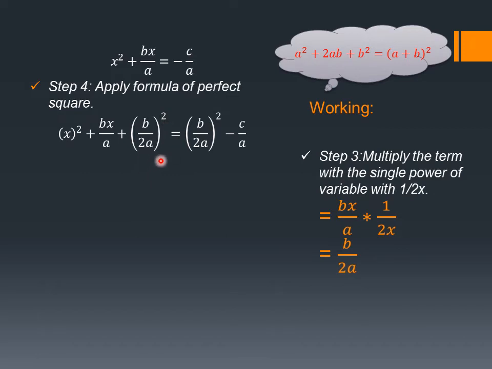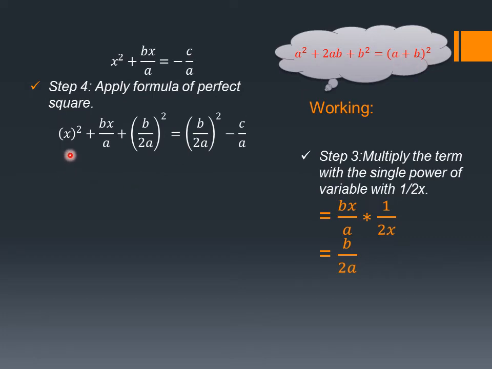Now you can see that we have added this plus b over 2a whole square to the left side of the equation, so we have to add it to the right side of the equation as well. So I have written on the right side b by 2a whole square, and minus c over a will remain the same. Left side will get closed to a plus b whole square.